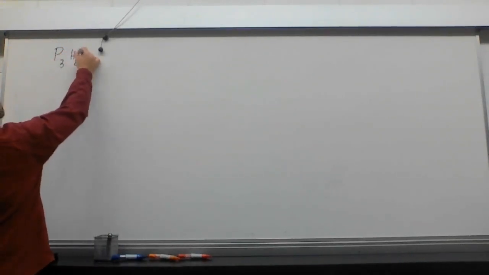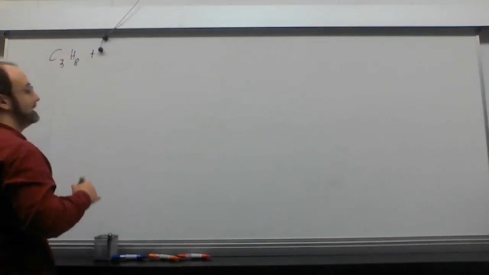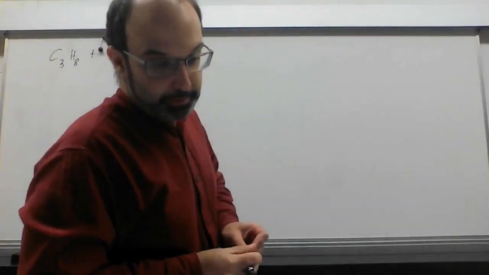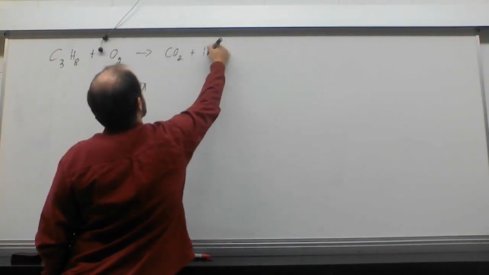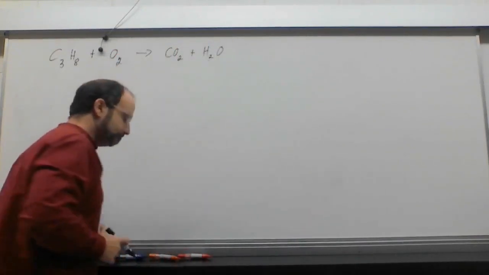So our balanced reaction is going to be with propane, which I think is spelled with a P. Oh, Mr. C, it's propane, yes, but it's with a C. And then we've got some oxygen gas is going to make some carbon dioxide plus some water.